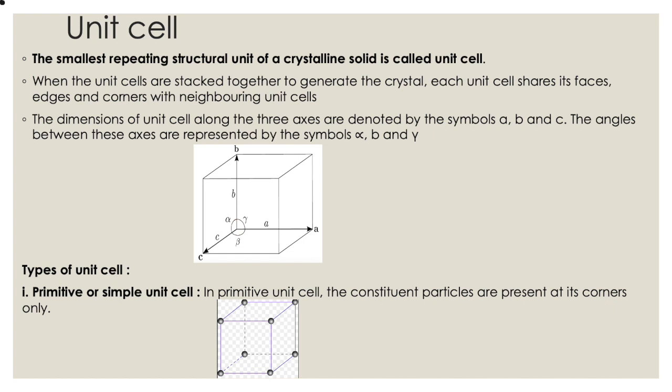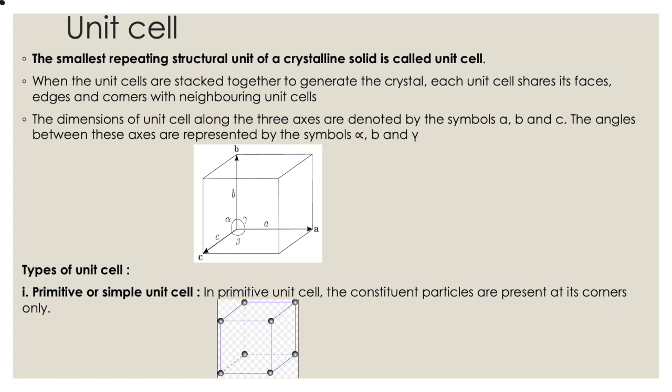The dimensions of a unit cell along the three axes are denoted as a, b and c, and the angles between the axes are represented by the symbols alpha, beta and gamma. You can see in the diagram the angle between a and b is gamma, the angle between b and c is alpha, and the angle between c and a is beta.